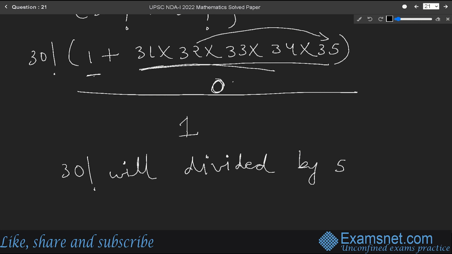When a number has unit digit 0 and we add 1 to it, the unit digit of the whole number becomes 1. And we know that when the unit digit is 1, it cannot be divided further by 5. So what is remaining? The remaining term is 30 factorial. So 30 factorial will be divided by 5. Now we will use the greatest integer function.